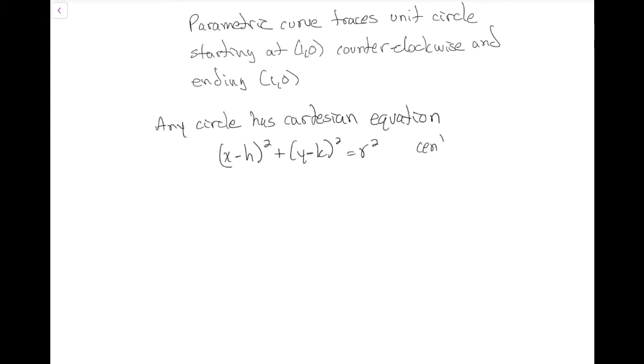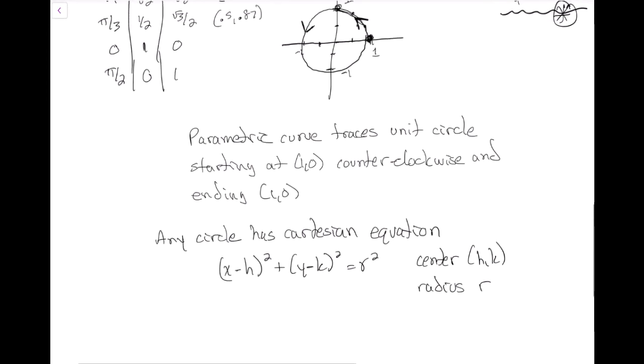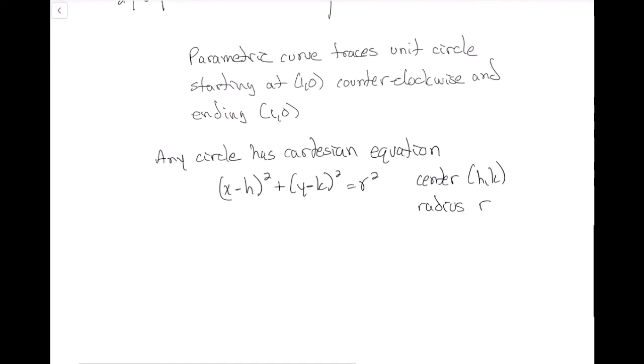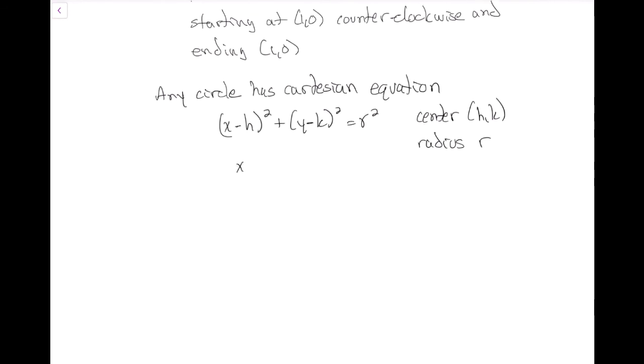Remember in that form, the center was (h, k) and the radius was r. In this particular case, we are centered at the origin, so I'm going to have x minus 0 squared plus y minus 0 squared, and my radius is 1. So for this example, we should have x squared plus y squared equals 1 squared, or just 1.